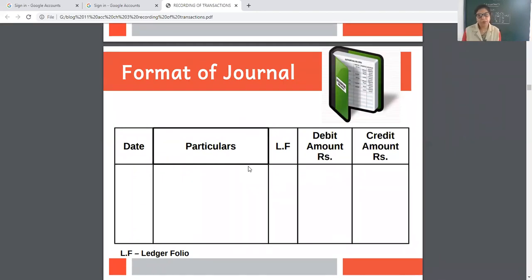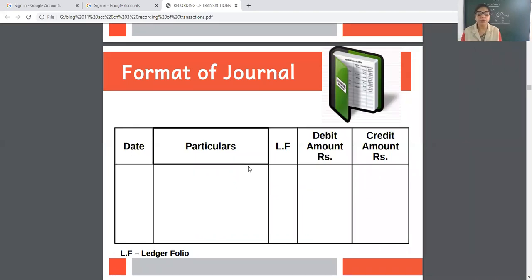Date, the date of the transaction. Particulars, the details of the transaction. LF means ledger folio. Ledger folio means the journal entry is afterwards transferred to the specific ledger. It is the specific page number or ledger number given to each account.